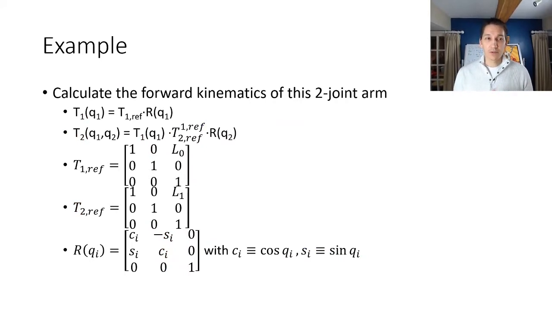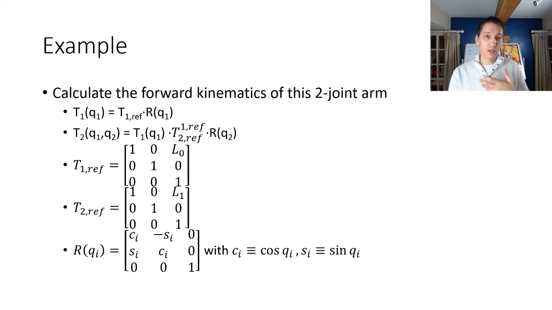As an example, if we wanted to calculate the forward kinematics of a two-joint arm that has a reference system given by just a movement along the x-axis to get to the first frame, and then another movement along the x-axis to get to the second frame by lengths L0 and L1 respectively, then we can calculate these terms here and express the rotation matrices with this type of homogeneous transform matrix here, where Ci is a shorthand for cosine of Qi and Si is sine of Qi.